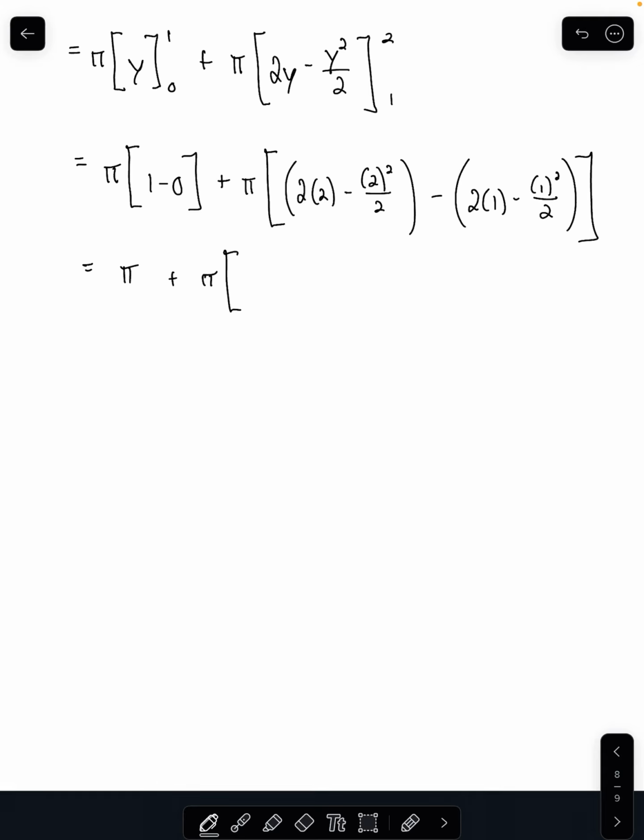We would have 4 minus 2 in the first set of parentheses, and then 2 minus 1/2 in the second set of parentheses.